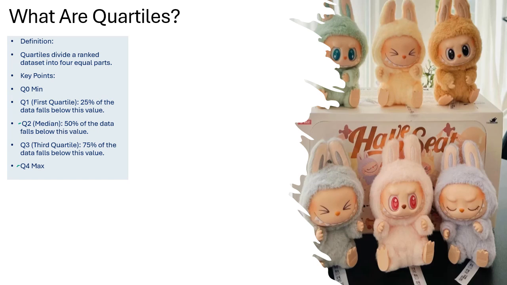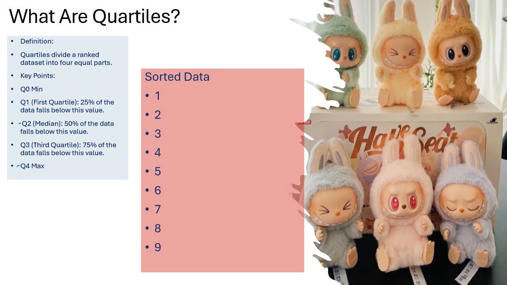So for Q1 and Q3, Q1 is considered the first quartile: 25% of the data falls below this value, and for Q3, 75% of the data falls below or is smaller than this value.